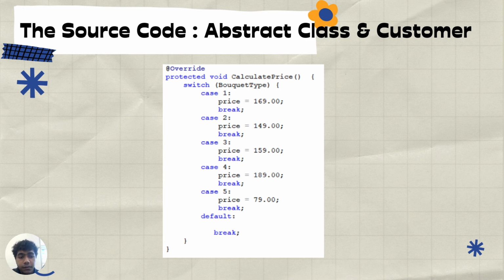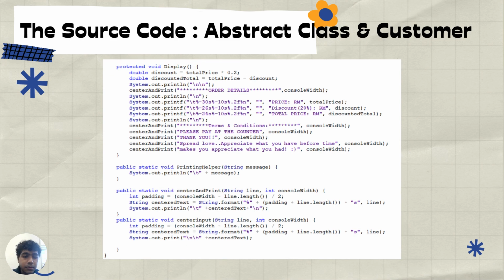As you can see, from bouquet 1 to 5, it has different prices. Bouquet 1 is 169, bouquet 2 is 149, 3 is 159, 4 is 189, and bouquet 5 is 79. And there's no default price. So this is for the calculate price method.